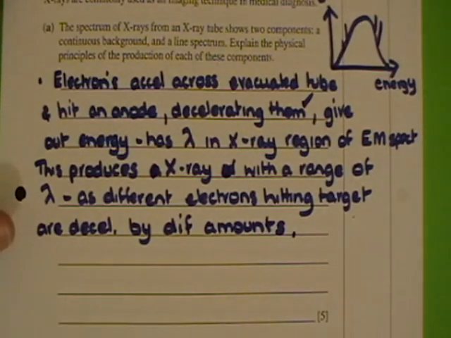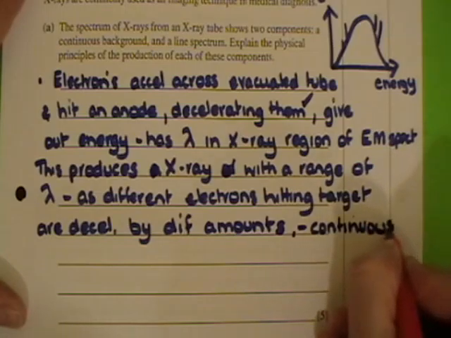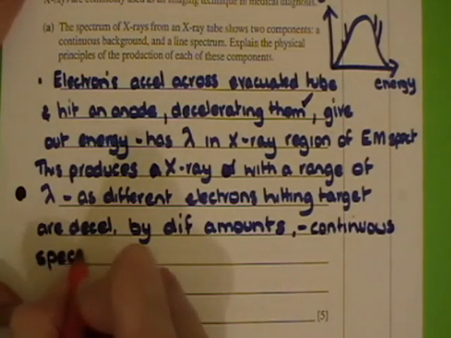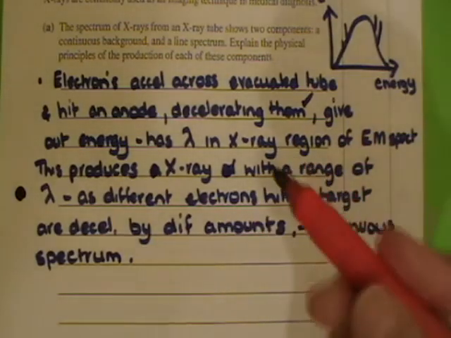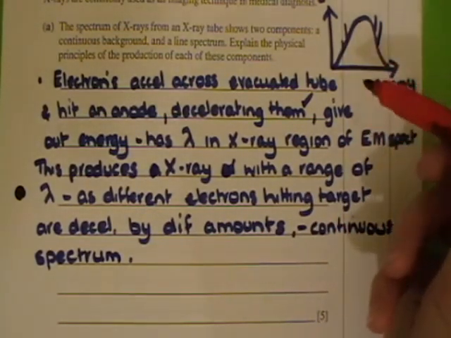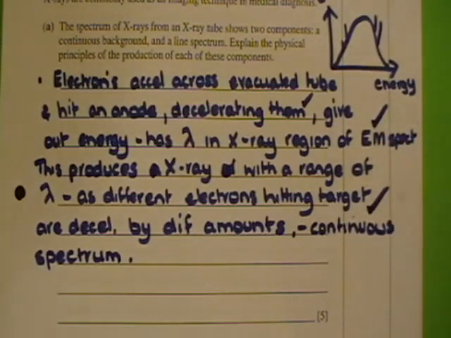Okay, so I think I've actually got myself a 3rd mark here, and that causes a continuous spectrum. So I've actually got 3 marks here for the continuous spectrum bit. So this is what happens. I'll give you the ticks here. And then there's your 3rd one there.